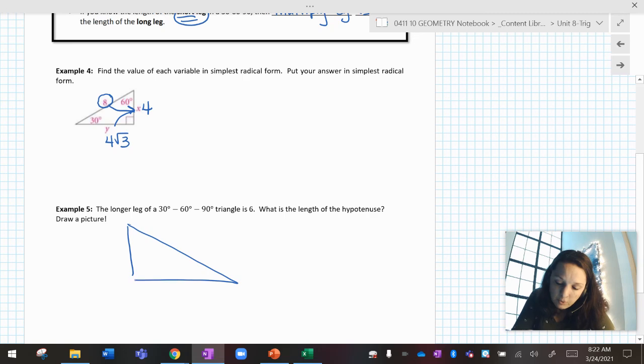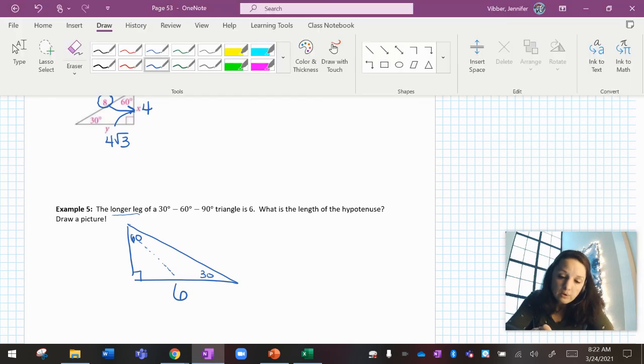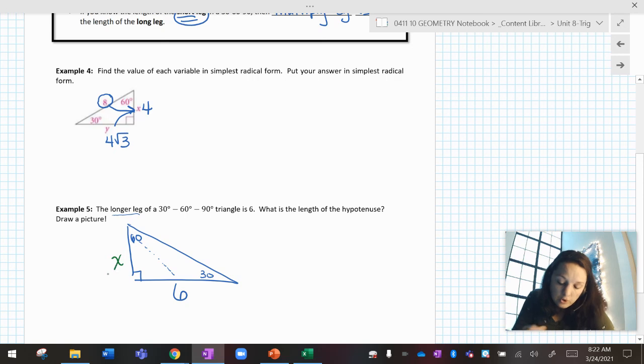In this last one, I have a 30, 60, 90 here. It says the longer leg, which means the one across from 60, is 6. Find the length of the hypotenuse. Well, here's the deal. We said if I knew the short leg, I would multiply by root 3 to get the long leg, which means if I go backwards, I have to divide by root 3.